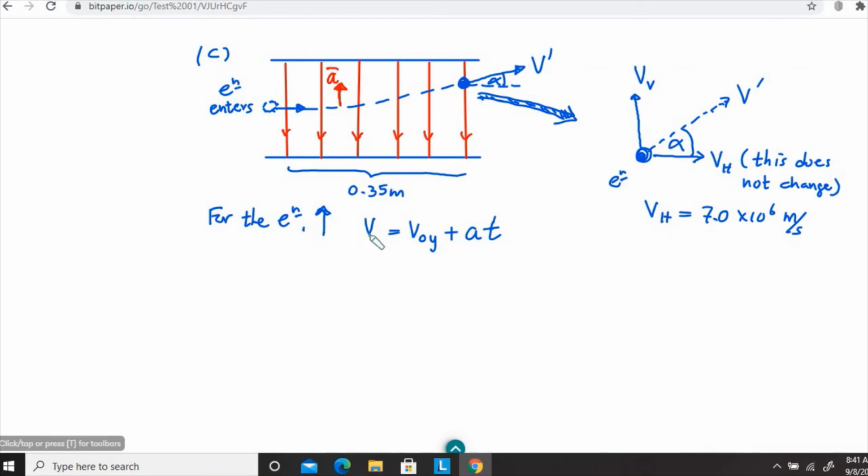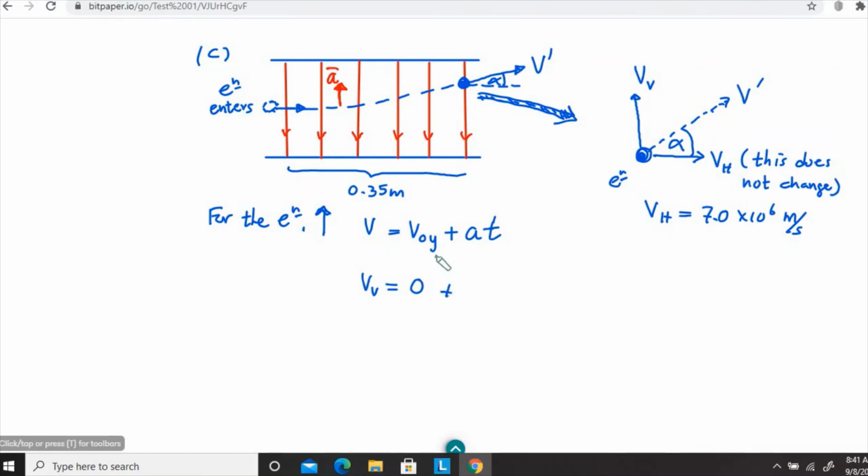So this is the final velocity, so I'm going to call it V, the final speed in that direction, the vertical component. And V naught y we already know is 0, because there's no vertical component at the beginning of the motion, since it's completely horizontal. So that's why I'm going to put a 0.